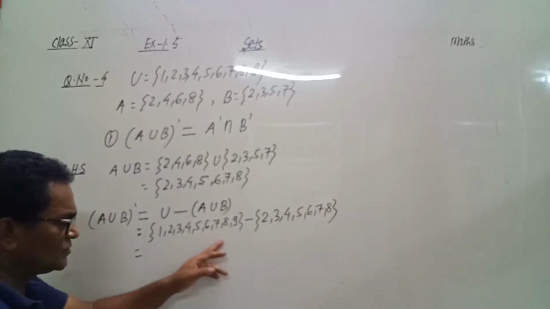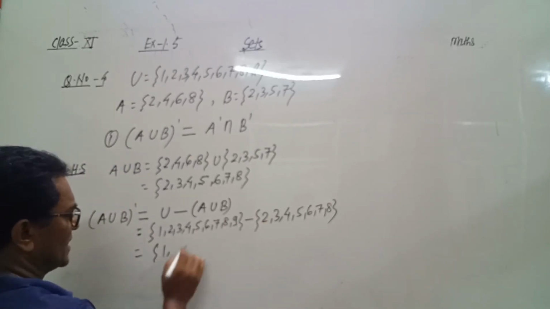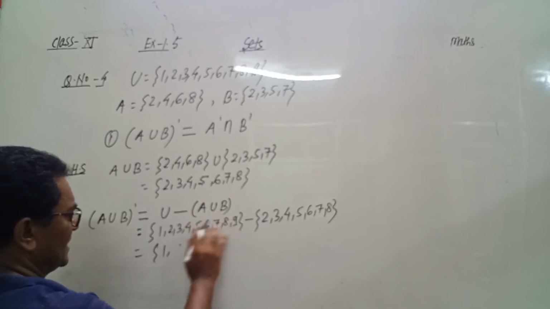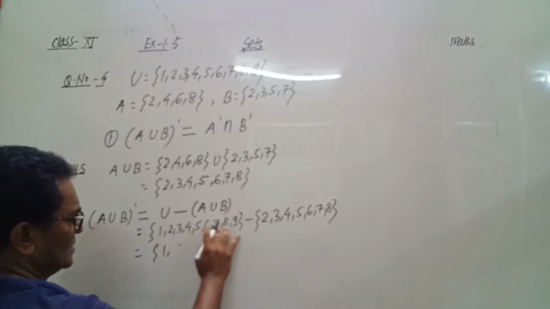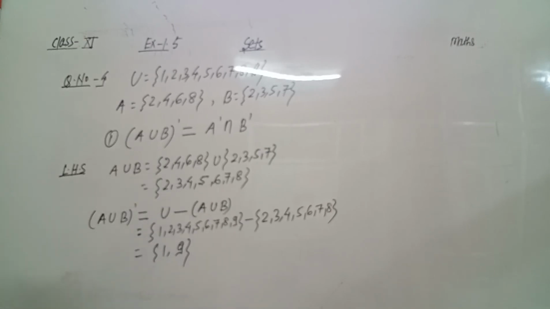So those elements which are not in this set: 1 is not available, 3, 4, 5, 6, 7, 8 are available, so 1 and 9. We get LHS (A union B) whole dash is 1, 9.